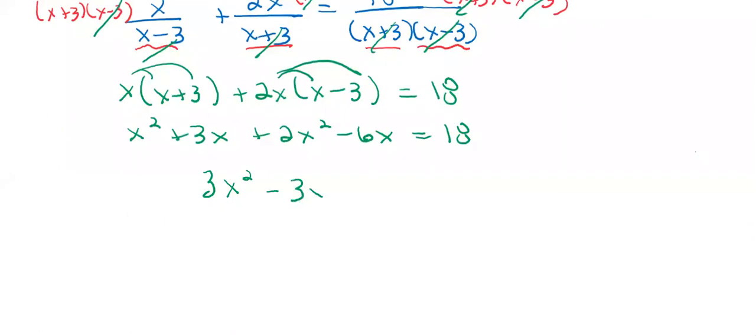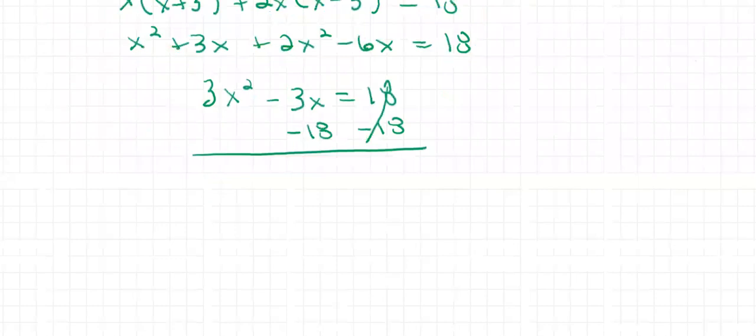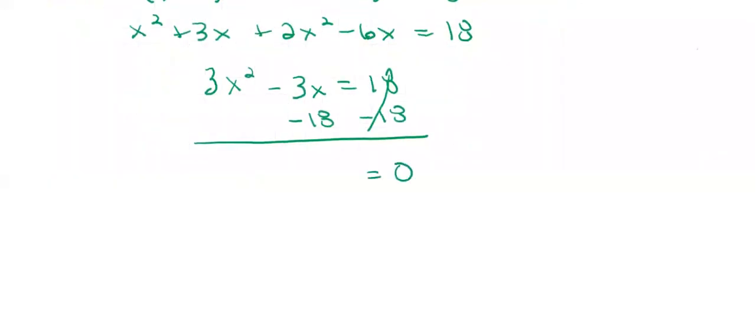The x's will add up to negative 3x. And again, I have a quadratic, so I want to get this equal to 0. So I'm going to subtract 18, which doesn't combine with either of those terms, but it does leave me with 0 on the right side and something I can factor on the left.